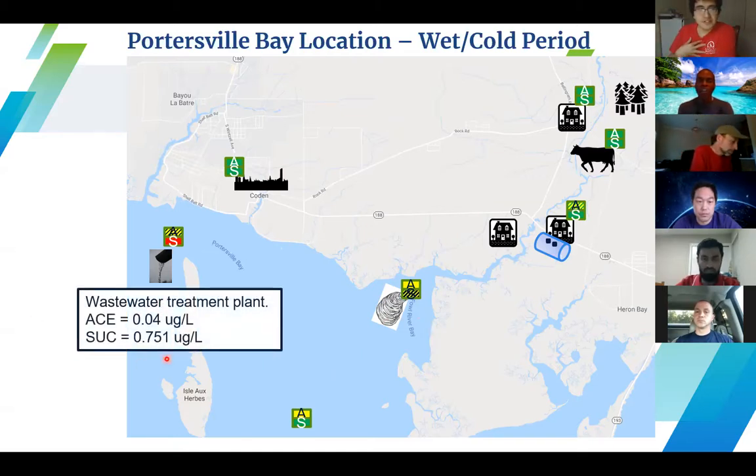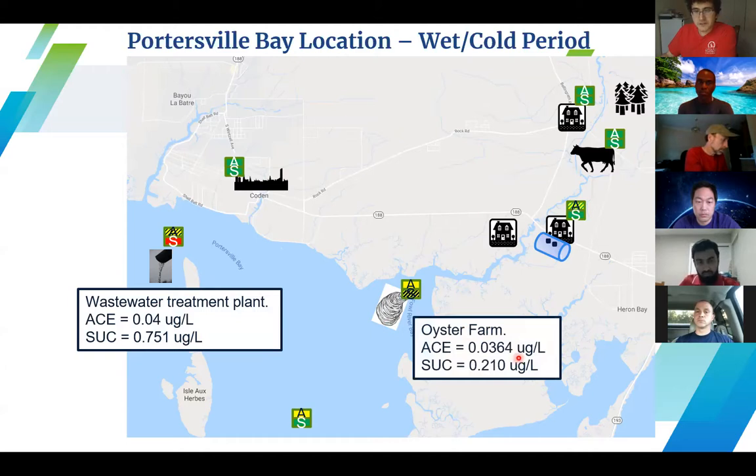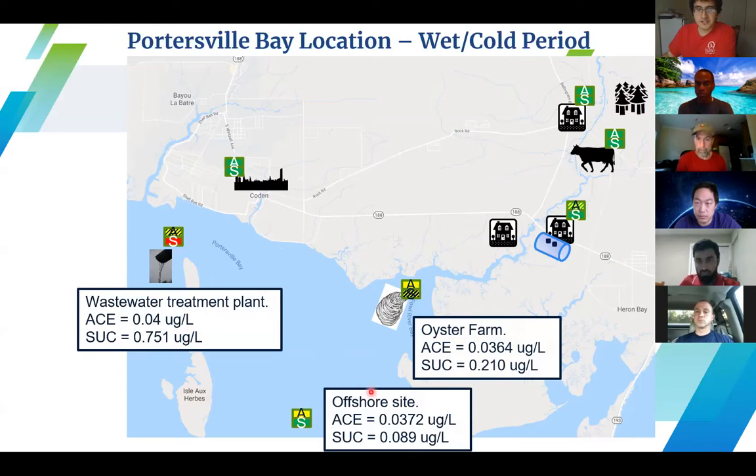In the research that I came across, the sucralose was very high in this area. The oyster farm also featured a concerning amount of acesulfame, and the offshore site also featured some contamination of these artificial sweeteners. So these areas are deserving of more investigation to find out where these potential sites are being contaminated with sewage water.